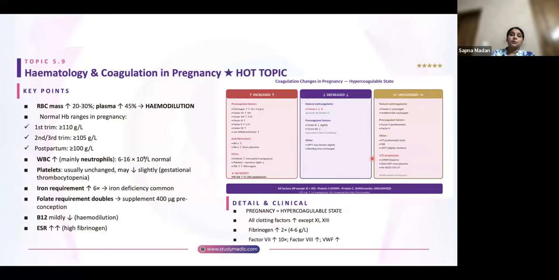Okay, it is around 20 times. So pregnancy is a hypercoagulable state. All clotting factors except for factor 11 and 13 increase. Fibrinogen will increase around 2 times, and factor 7 will increase 10 times. Factor 8 will increase, and von Willebrand factor will also increase.